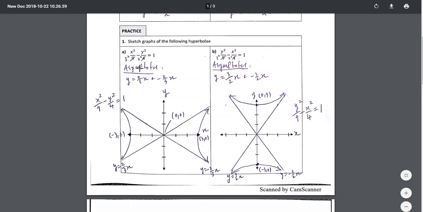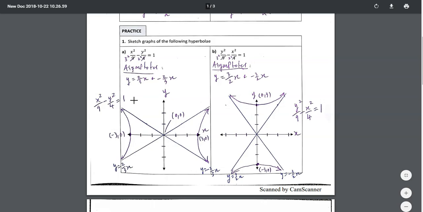Let's do question 1a. Sketch graphs of the following hyperbolae, because we have two of them. I'm going to talk about both of these at the same time, probably. First thing we want to do is find the equation of the asymptotes. So we can see that this graph is an x squared term minus a y squared term with nothing in brackets.